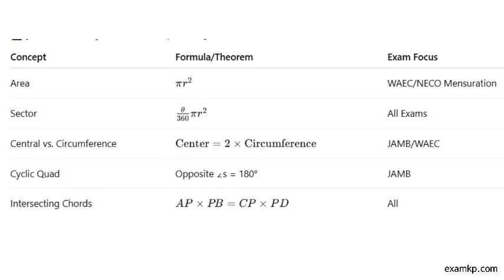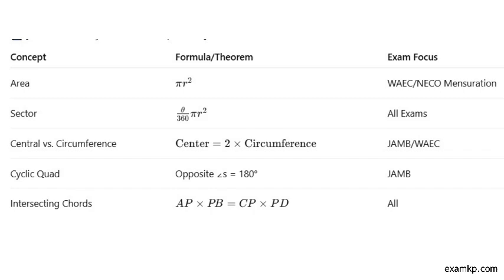The sector is theta over 360 pi r squared. The central and circumference angles are related by the formula center equals 2 times the circumference. In the cyclic quadrilateral, the opposite angles always add up to 180 degrees. And for intersecting chords, the product of AP times PB equals the product of CP times PD.